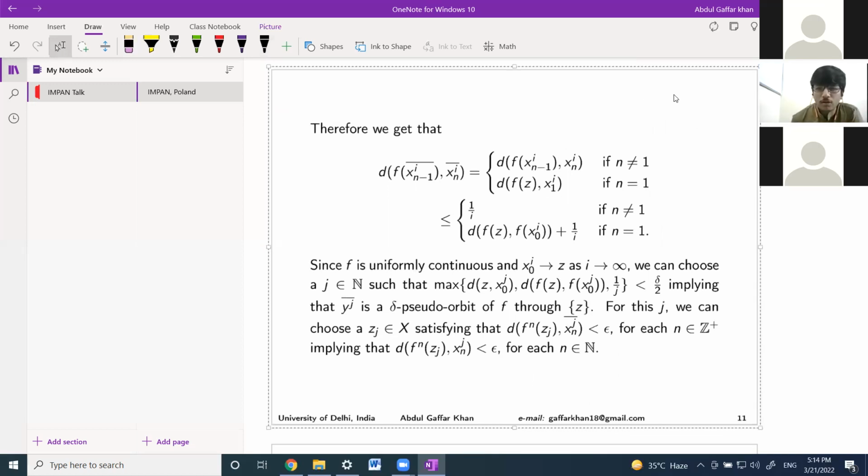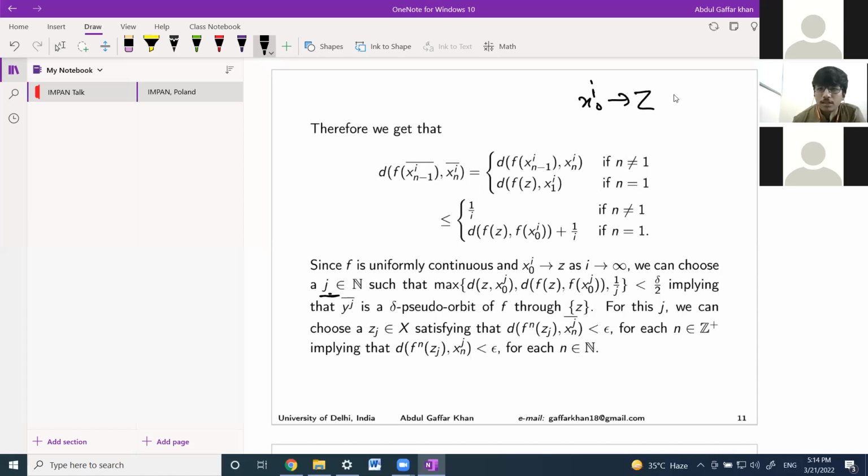Now X is compact and f is uniformly continuous, and x_0^j approaches z, so we can choose a large enough natural number j such that the distance between z and x_0^j is less than delta by 2, and this will also imply that the distance between f(z) and f(x_0^j) is less than delta by 2.